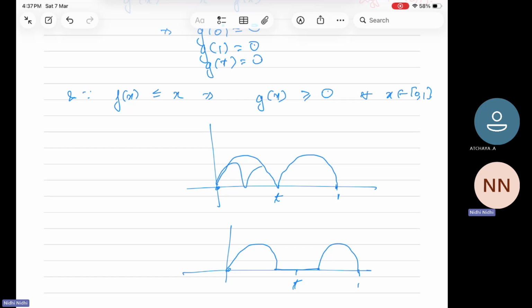Maybe it had some other roots as well, but at t we must get something like this. So we'll see that eventually this type of condition gives us a contradiction, and how it affects the differentiability of the function g.